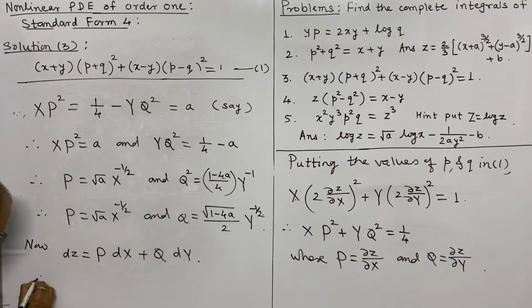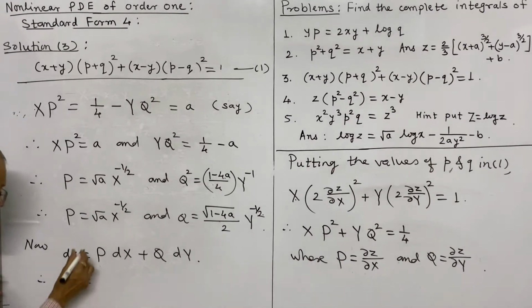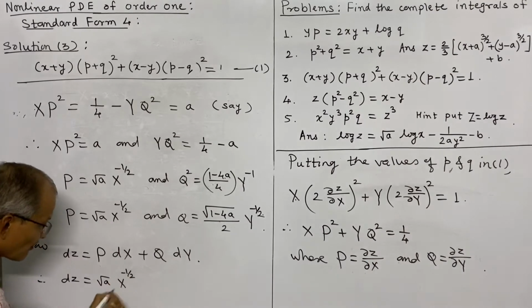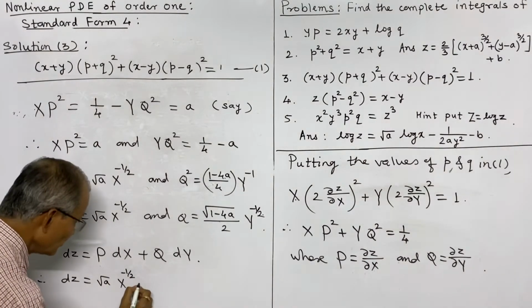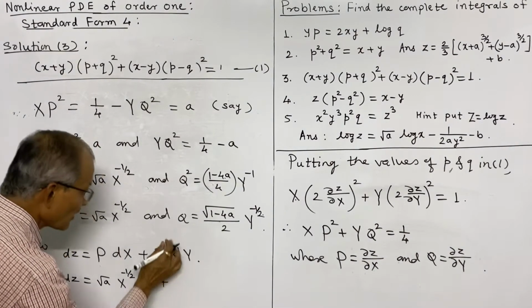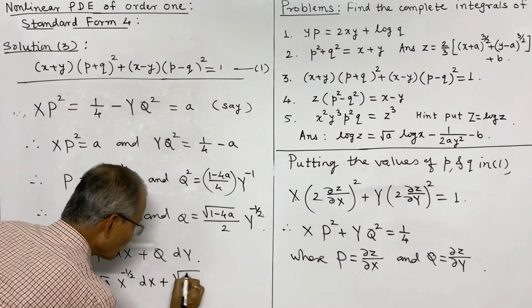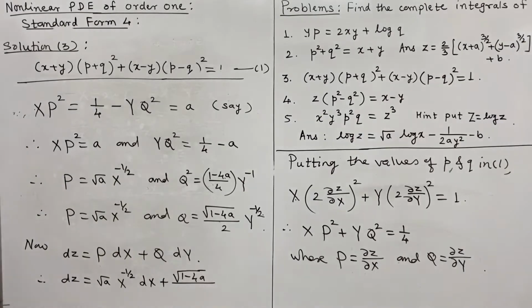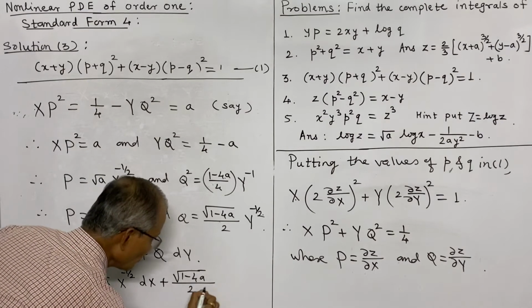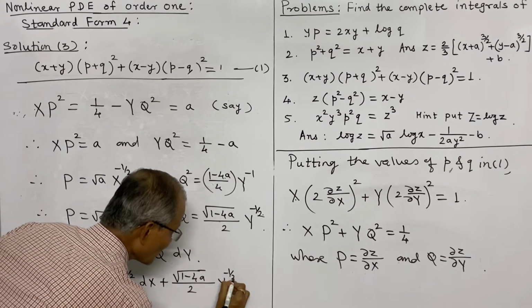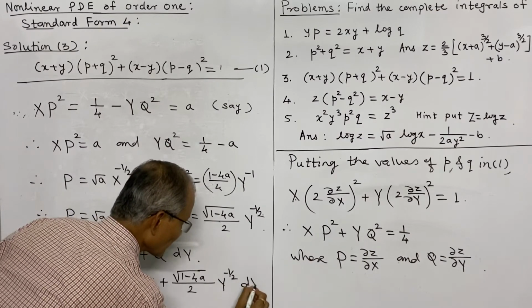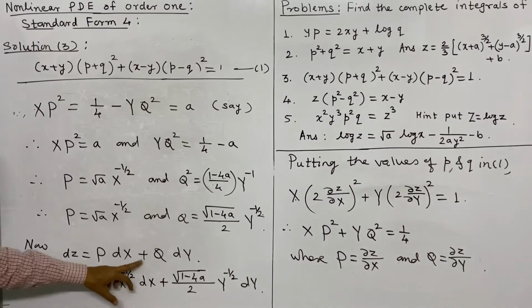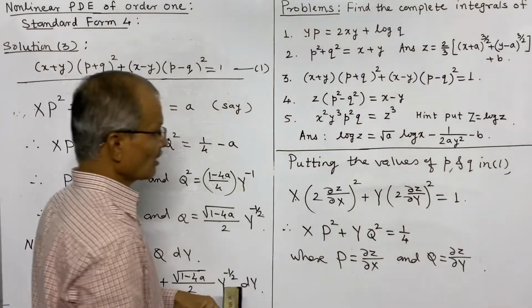That is dz is equal to root A into x to the power minus half into dx plus Q, which is root of 1 minus 4A divided by 2, into y to the power minus half into dy. These are the values of P and Q that we have used. Now integrate.